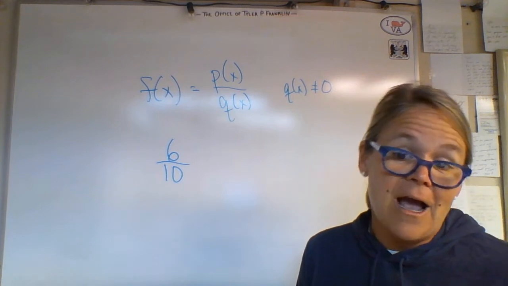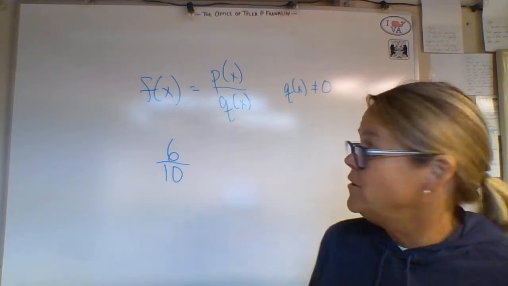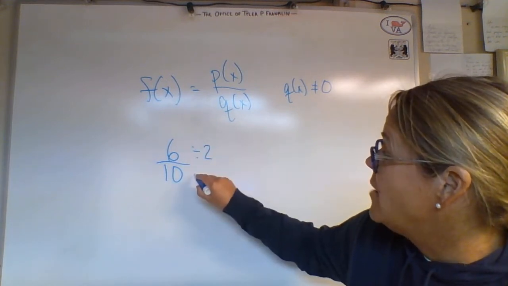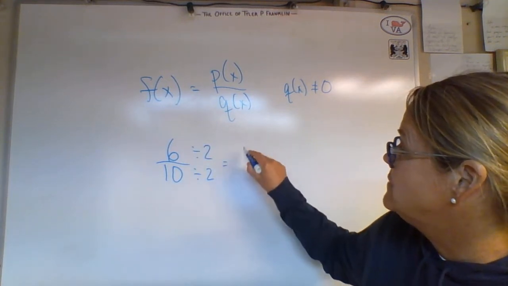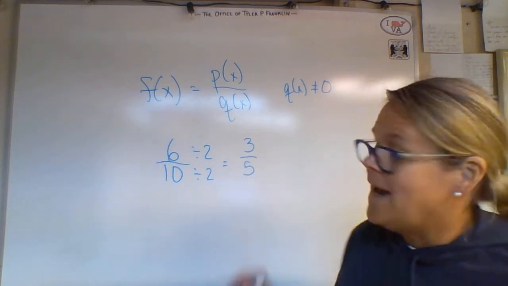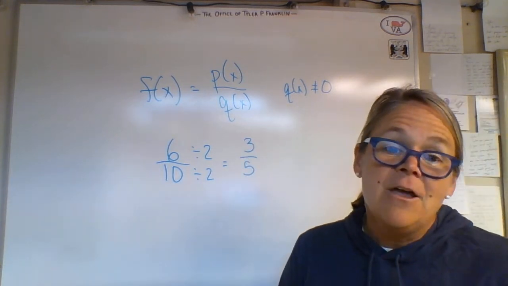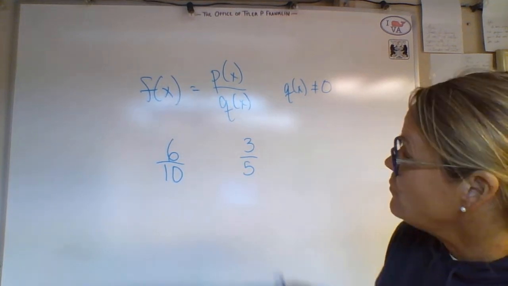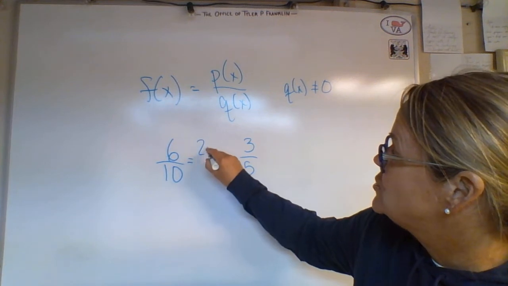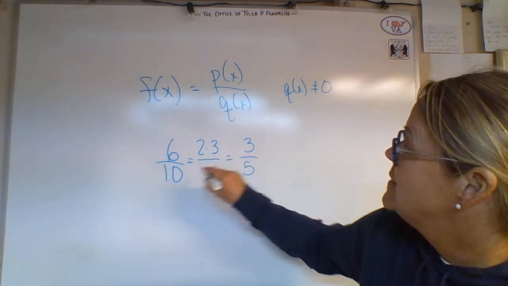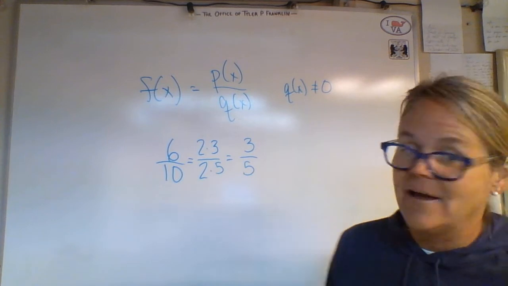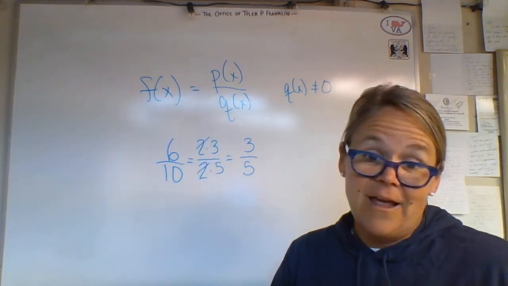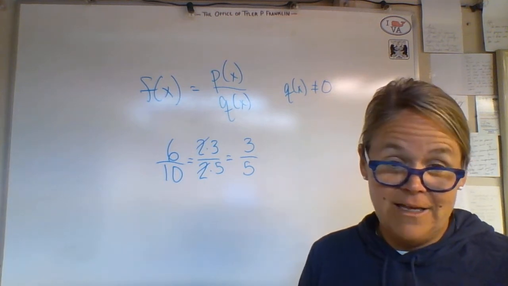You look for a common factor. A lot of you would say, oh, 2 goes into it, so I'm going to divide the top by 2 and the bottom by 2, and I get 3/5. You could have also said 6 is 2 times 3, 10 is 2 times 5, and then those 2's cross off because anything over itself is 1.